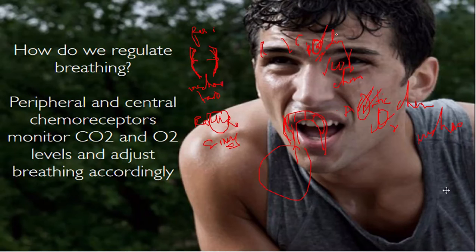Don't forget, these chemoreceptors in the brain are very sensitive to carbon dioxide, because carbon dioxide is the greatest stimulus for respiration rather than oxygen content. It is carbon dioxide that is really more powerful.